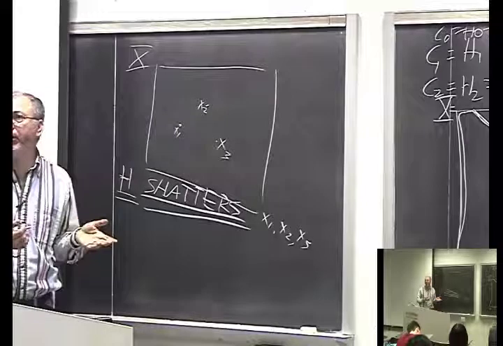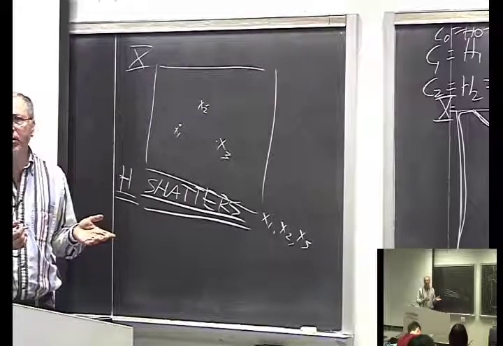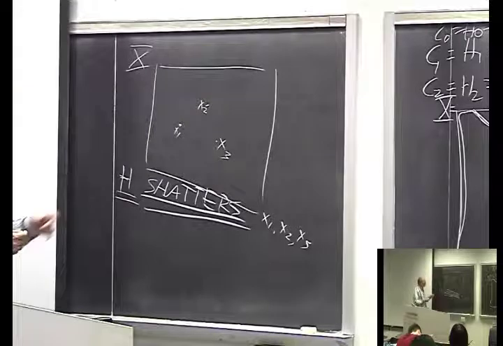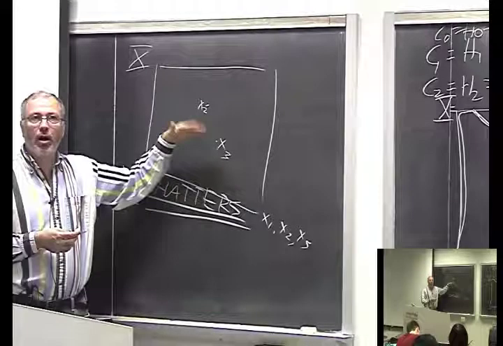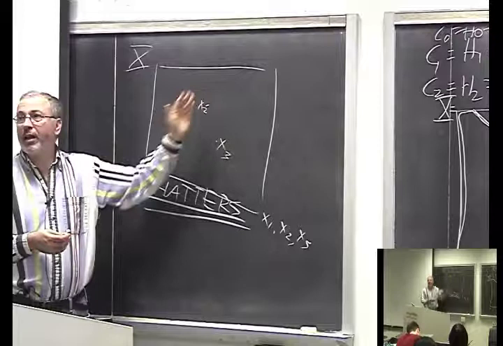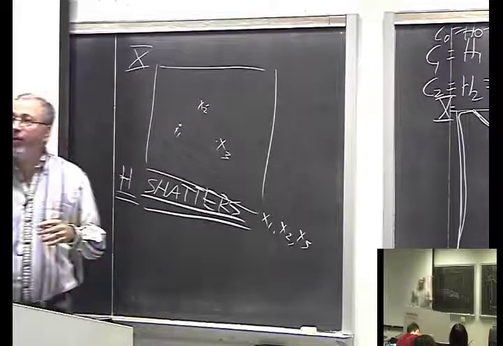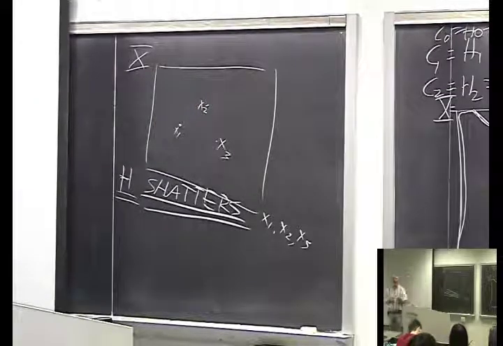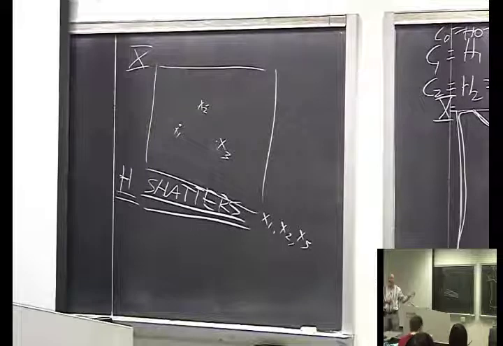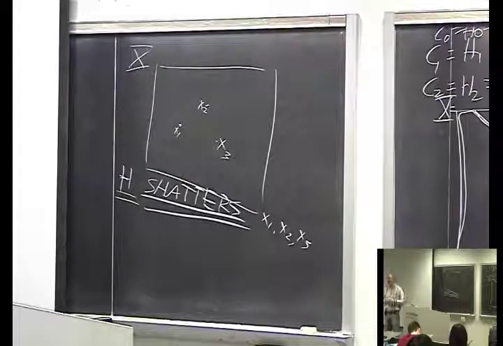How many combinations do we have? 8. Thank you. So there are 8 different ways of classifying these three examples. If for each one of these 8 assignments there's at least one member of H that can do it, then we say that H shatters these examples. Okay?